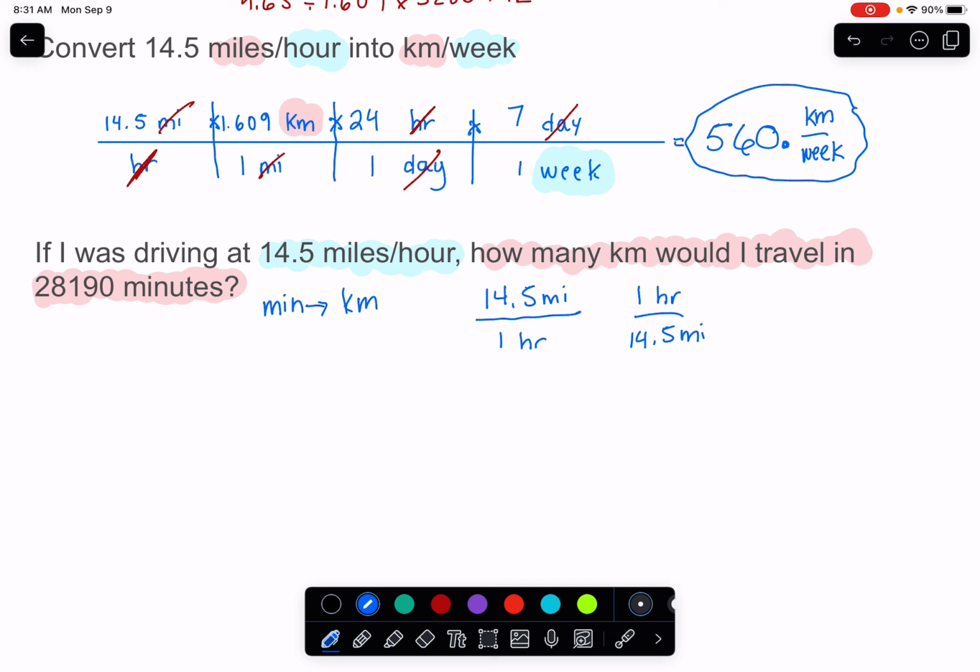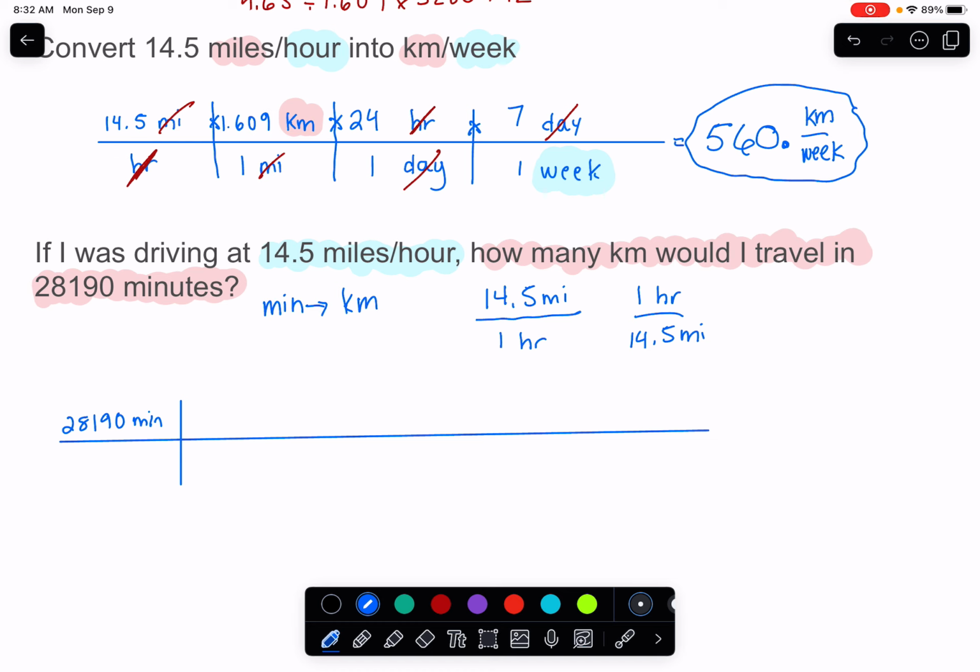All right, so if you think about it, I can sort of plan this out before I really jump in. Let me at least write down the problem. So I have 28,190 minutes. That's going to be where I'm going to start. The conversion factor that I have, the 14.5 miles per hour, that is going to be the conversion between miles and hours.